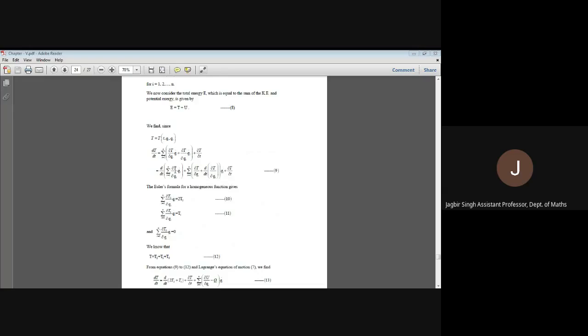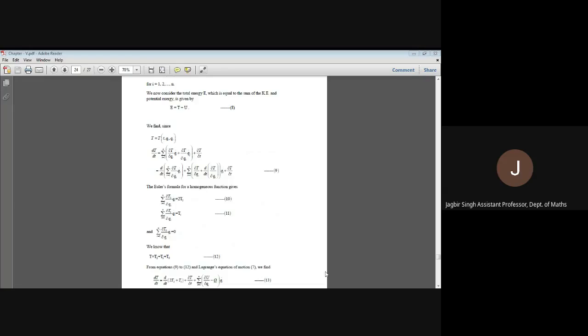The first term will be d/dt of the summation i from 1 to n of ∂T2/∂qi dot plus the summation of ∂T1/∂qi dot plus the summation of ∂T0/∂qi dot. Now using equations 10, 11 and the third one, the first term will be 2T2, the second term will be T1, and the third term is 0.